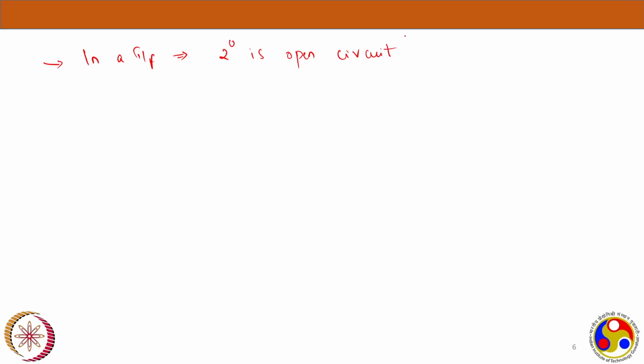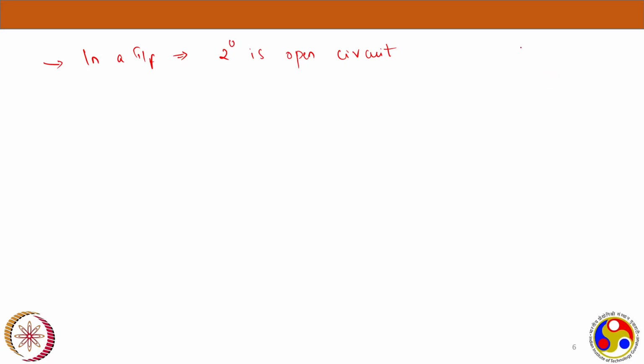Secondary is open circuited. Now my secondary is not drawing any load, not driving any load. Now whatever current my primary is drawing from the supply is only the magnetizing current. That's the principle of transformer. So it will draw some magnetizing current because there is no secondary circuit. Nothing is connected. Open circuit condition.